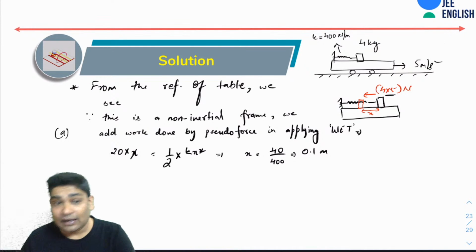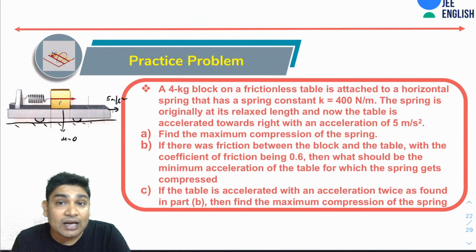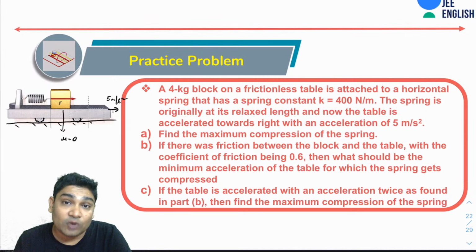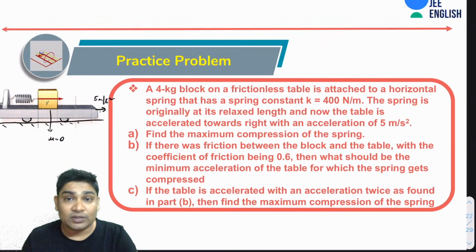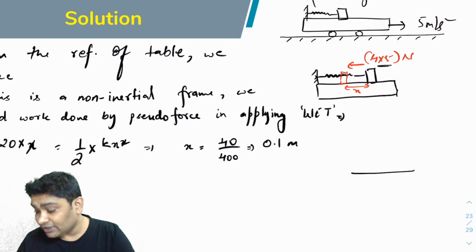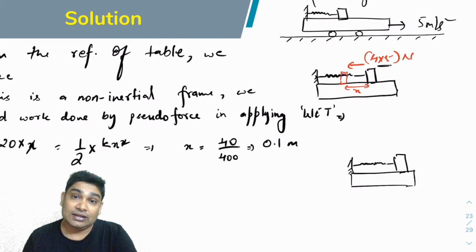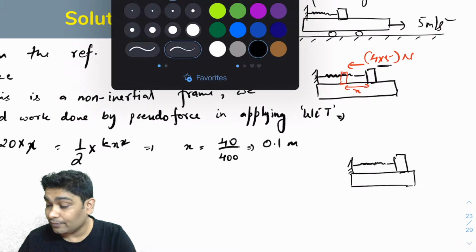Now that I have done that, part B is very simple. In part B, what have you been asked? You've been asked, if there was friction, what would be the minimum acceleration of the table for which the spring would get compressed? If there is friction, then the spring will not compress unless this pseudo force exceeds the friction value.